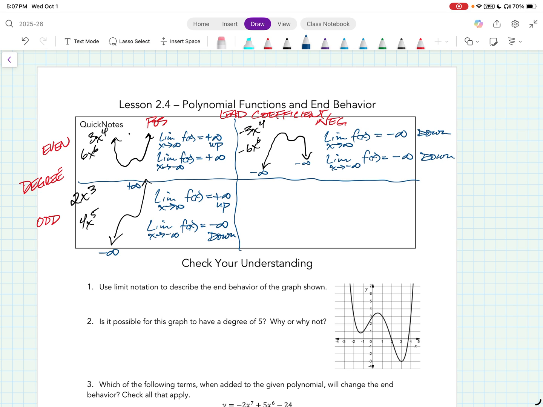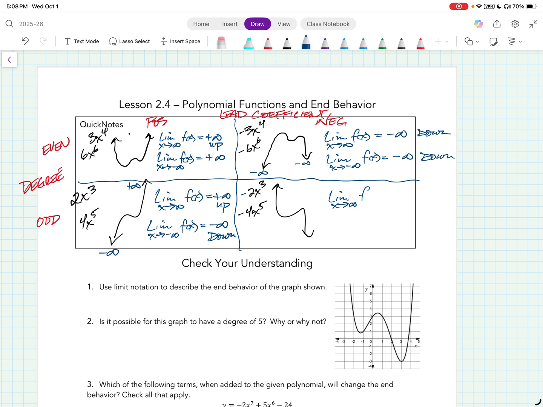The only other case is if you have a negative lead coefficient like negative 2x cubed, just change the sign to negative, or negative 4x to the fifth or something like that. It looks like this. And now the limits change. Let's look at the right-hand limit first.